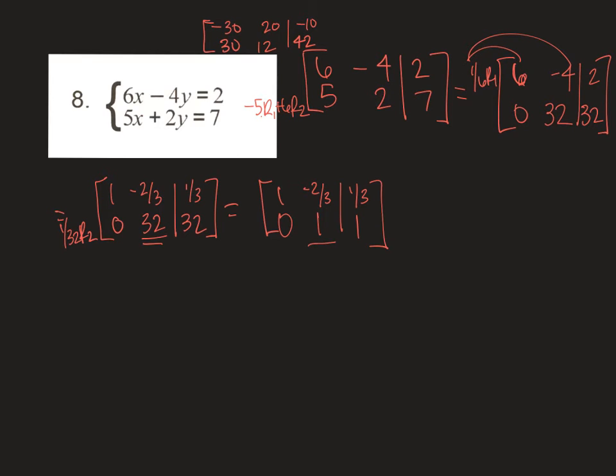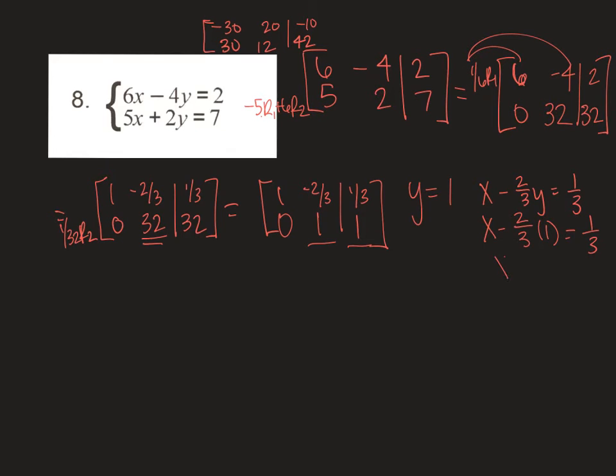So 1y equals 1 solves my y value. And then I'm going to plug that into the first row so that I can solve for x. So I've got 1x minus 2/3 y equals 1/3. So I'm going to plug in my 1 for y.